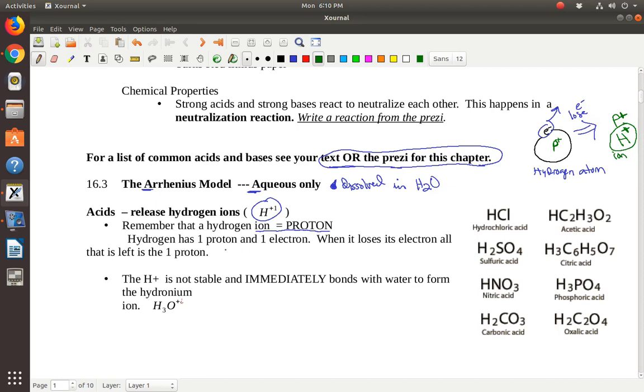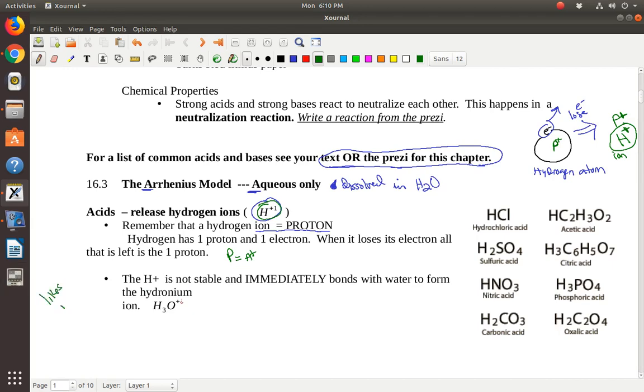So notice that. A proton equals a hydrogen ion. So in the Arrhenius model, remember that a hydrogen ion is a proton. In the Arrhenius model, it releases a hydrogen ion or a proton. The H plus is not stable though. Because we have this really positive thing running around, and remember, nature wants to try to use as little energy as possible. And what do likes do?